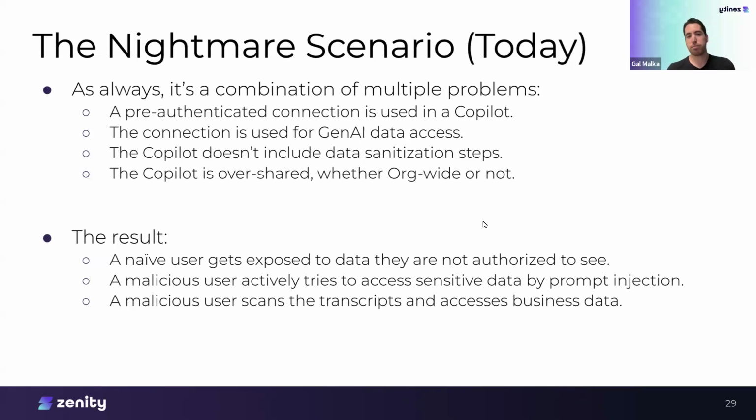The Copilot maybe doesn't have the required data sanitization steps, and the Copilot is overshared, maybe with the entire tenant even. And the result is that a naive user would probably get access to data that they shouldn't see by mistake, but a malicious user could actively be seeking access to data and files that he shouldn't see, and maybe even the transcripts of the Copilot if he accidentally has access to them.